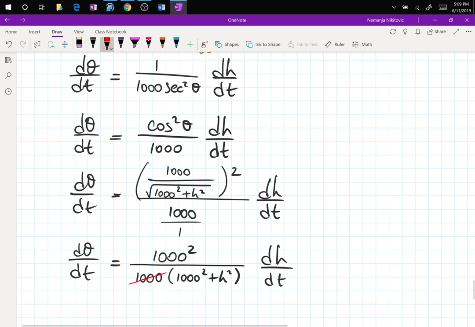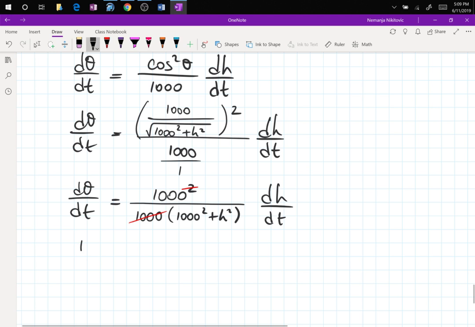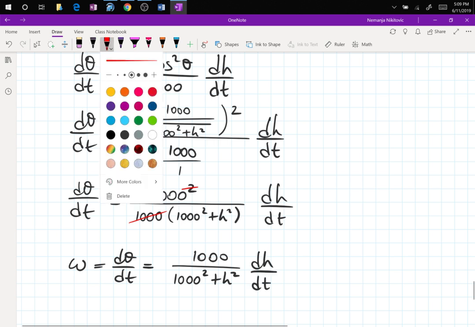And now 1000 kills the square over here. So the formula that we were after is omega equal to d theta dt, 1000 over 1000 squared plus h squared times dh dt. That's the formula we were after.